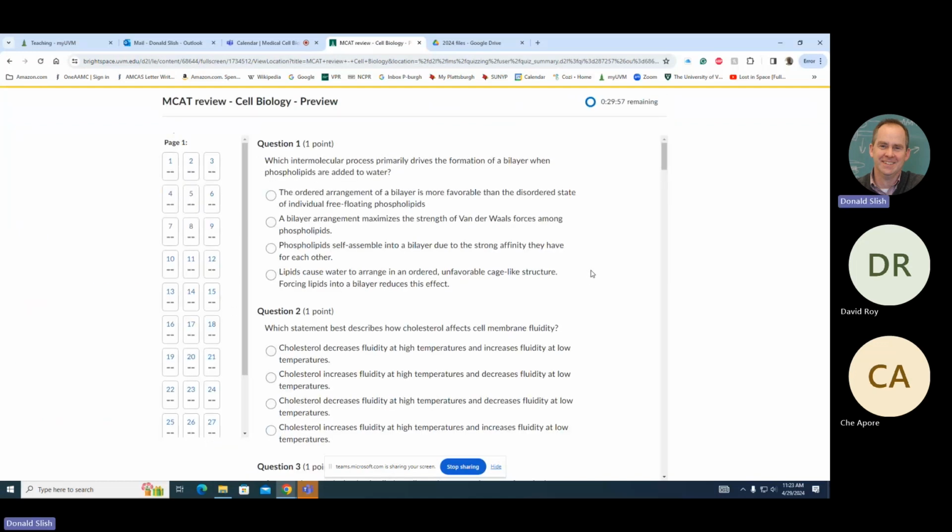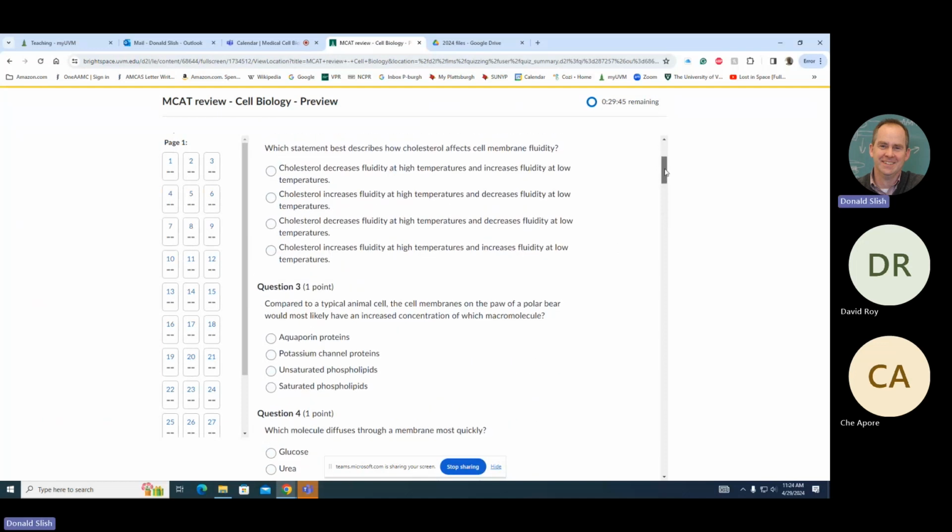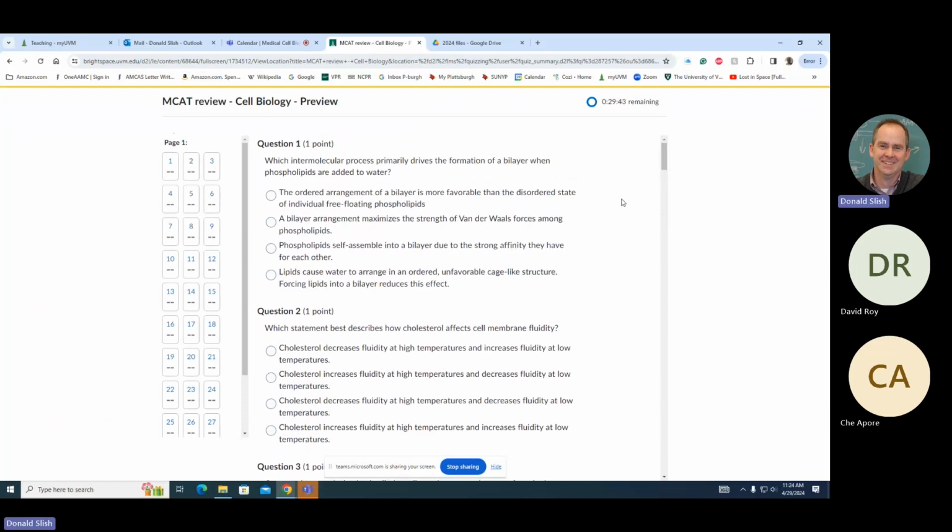Okay, question 1. Which intermolecular process primarily drives the formation of a bilayer when phospholipids are put into water? The idea here is that nonpolar things are not really attracted to each other.